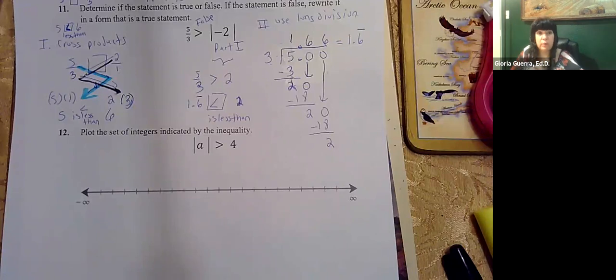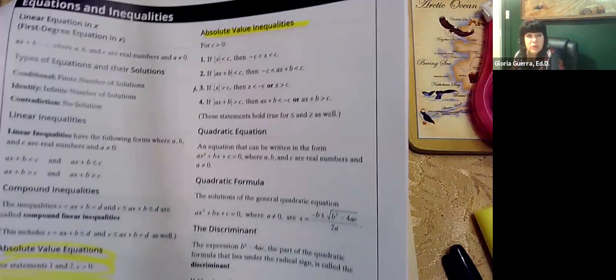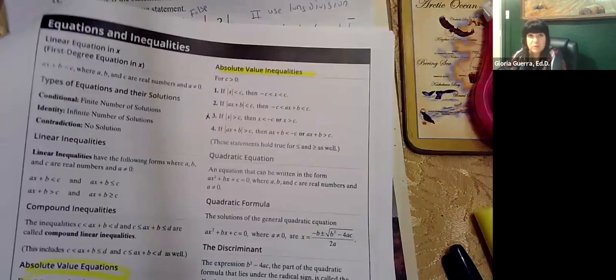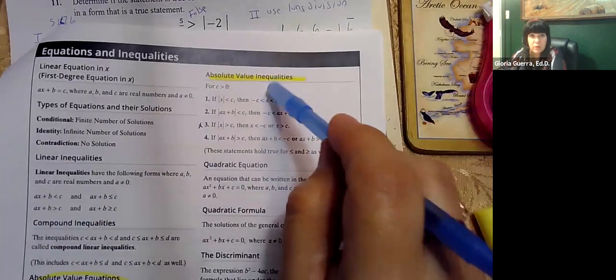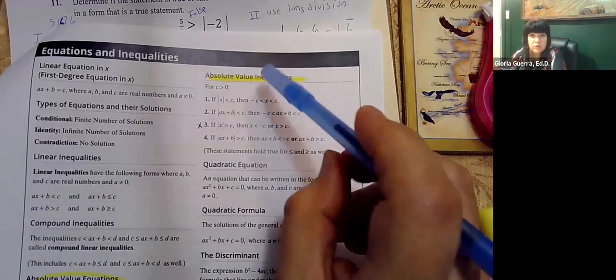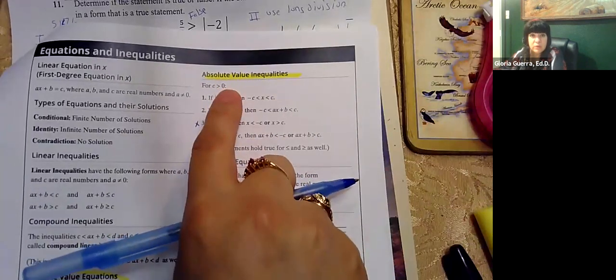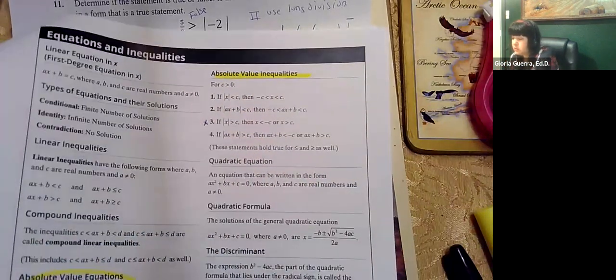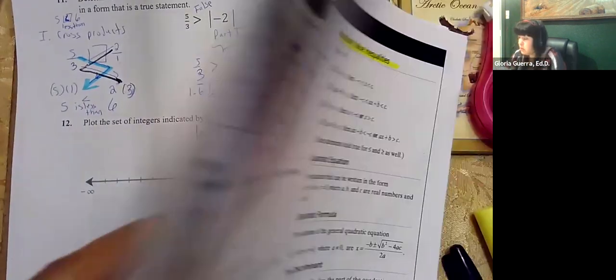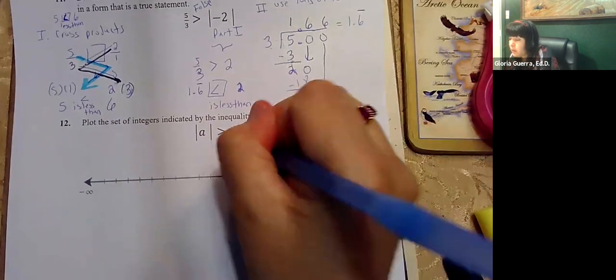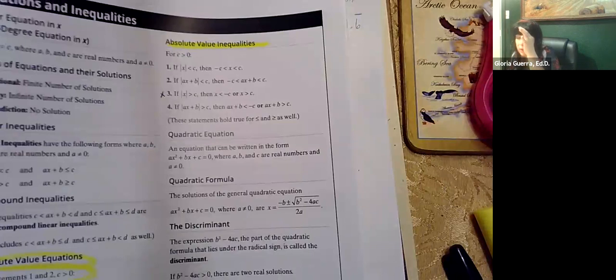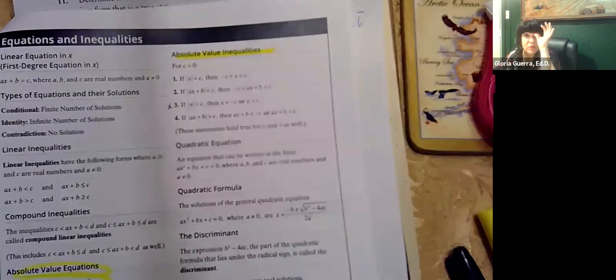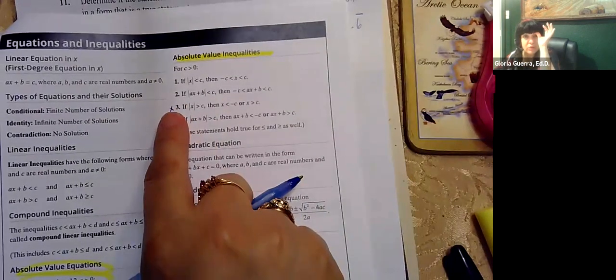Okay, I need to go back to my little notes here. We're doing absolute value inequalities. This is for C greater than 0, and our C is already 4, so we're good. If I look at all these choices, you can see how I put a little star on this one.